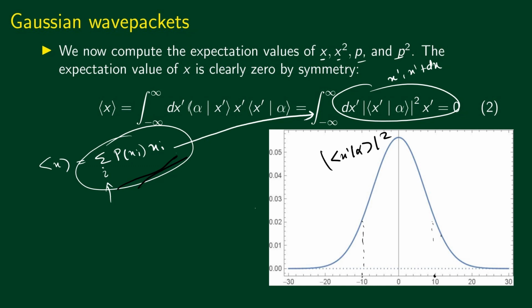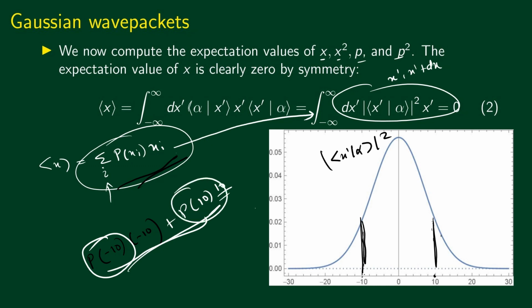For example, let's consider this term. This is the probability for minus 10 multiplied by minus 10. The contribution from this part, and the contribution from this part would be the probability of plus 10 multiplied by plus 10. These two terms cancel, because the probability for minus 10 is the same as the probability for plus 10. Because the probability density plot is symmetric about 0, this term will add up to 0.